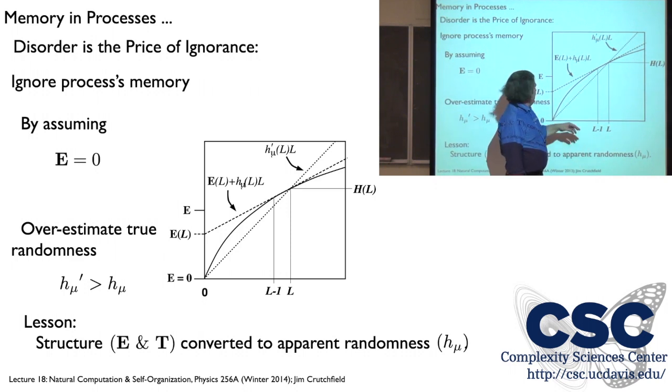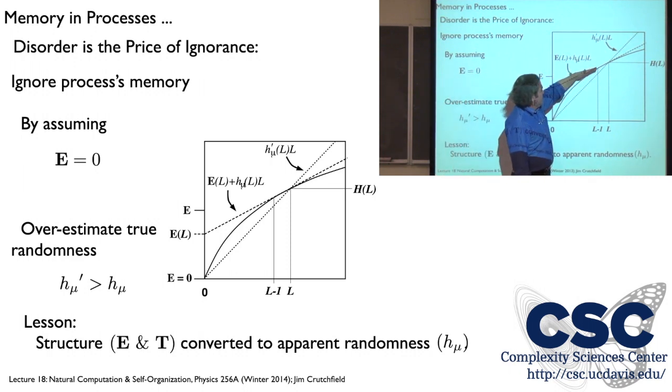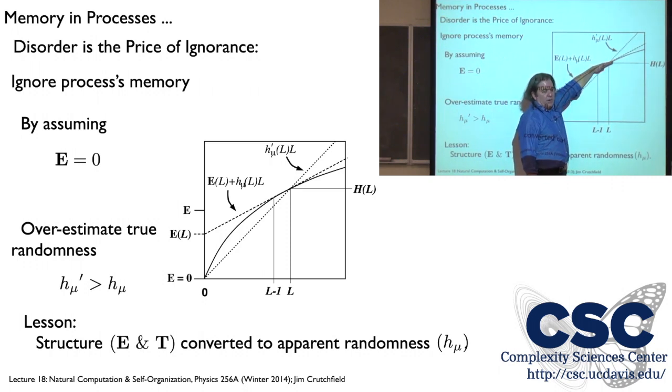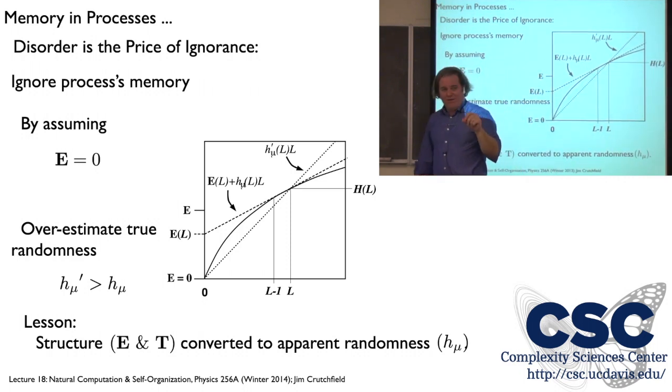Contrast that with being aware that there might be some excess entropy or memory in the source. Now my fits are straight lines where I fit to get the two-point slope correct, like this. Notice that my estimate here of the slope is much lower than this IID approximation. So if I ignore the memory in the process, E, I overestimate the entropy rate.